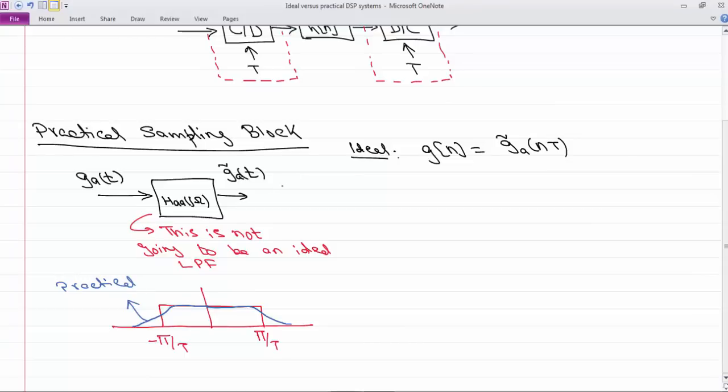In reality, this is not going to be the case. How you implement that varies, but at the very least, you have a block which is called a sample and hold circuit.